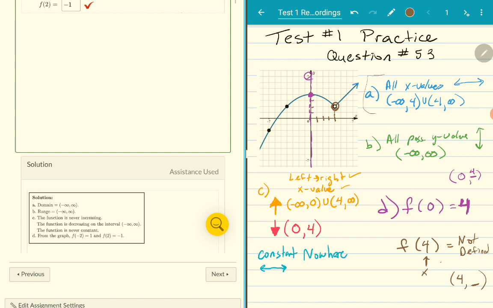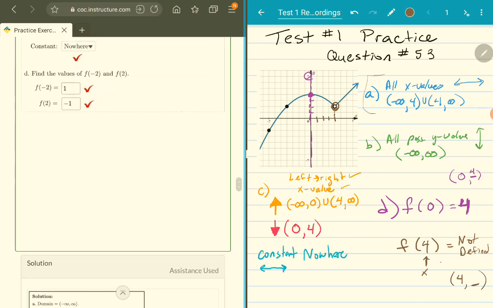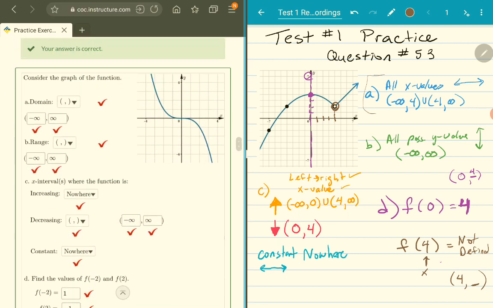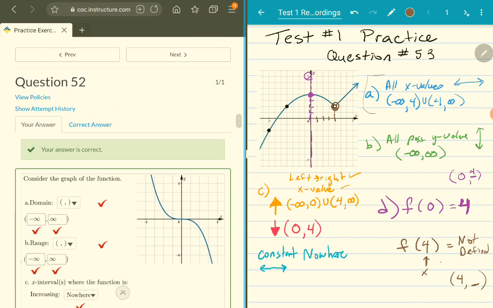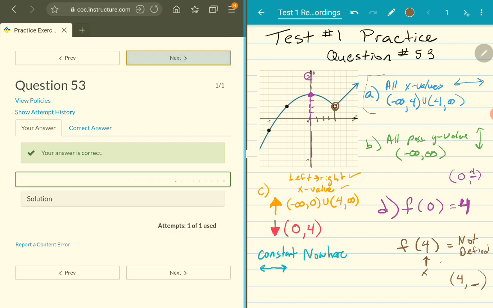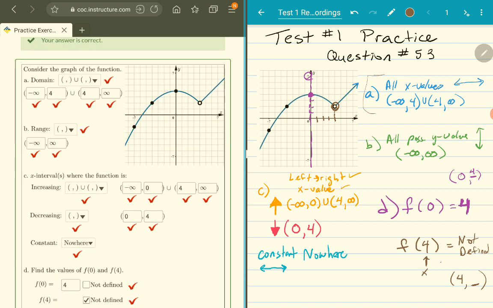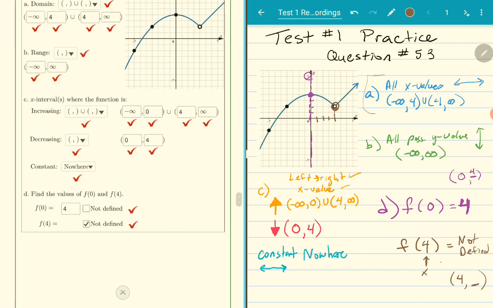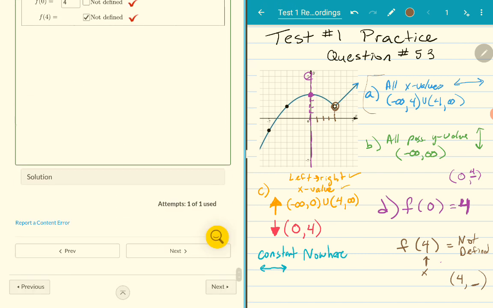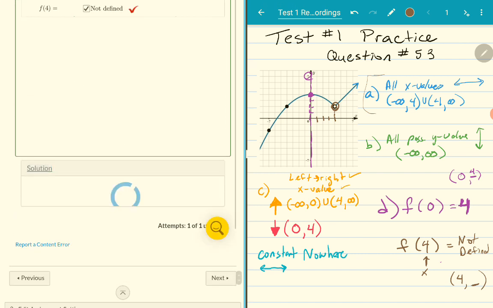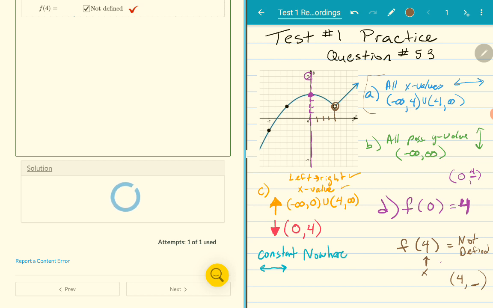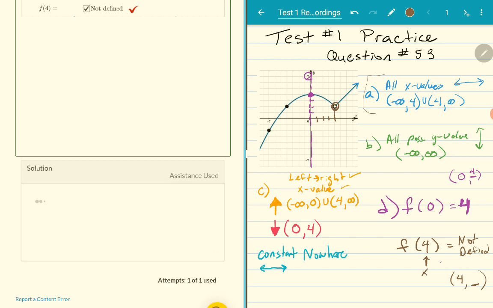That solution is not right, actually. This is like the wrong question now. This is the last question. I think I must have accidentally hit a next button or something. There we go. This is the question we were looking at. Let's try that again.